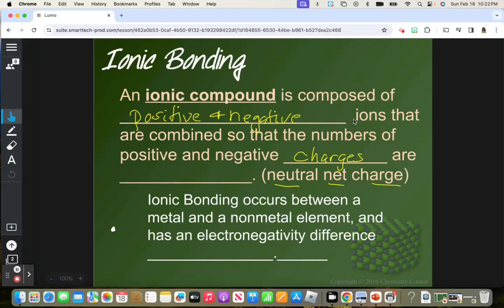Ionic bond occurs between metals and nonmetal elements and has an electronegativity difference greater than 1.7. We'll get into that more in class.